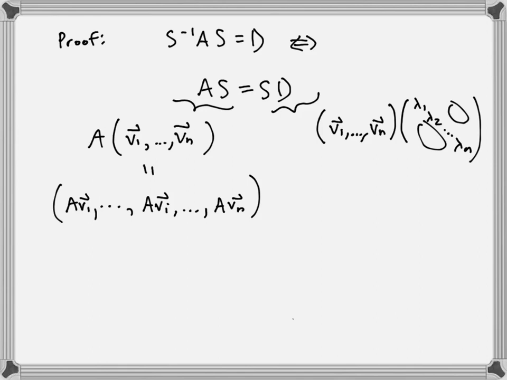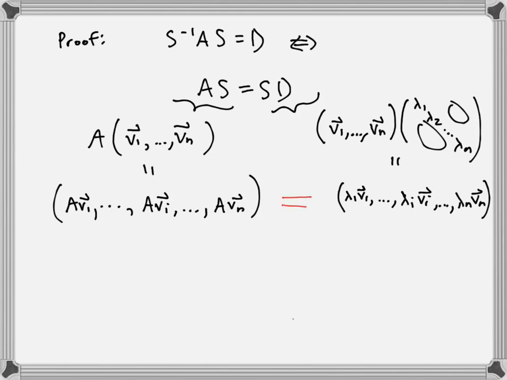This becomes lambda 1 V1, lambda i Vi, lambda n Vn. Okay, and I hope that everybody could see that these two have to be the same.